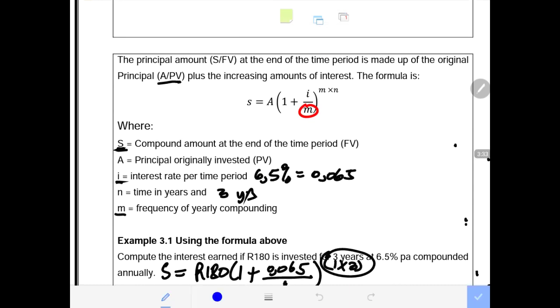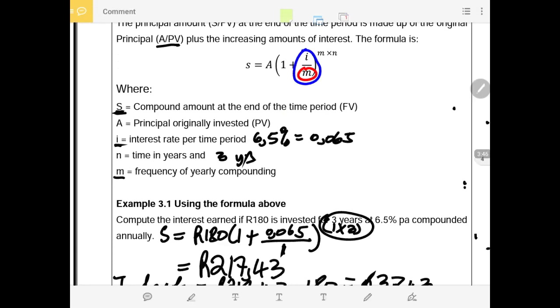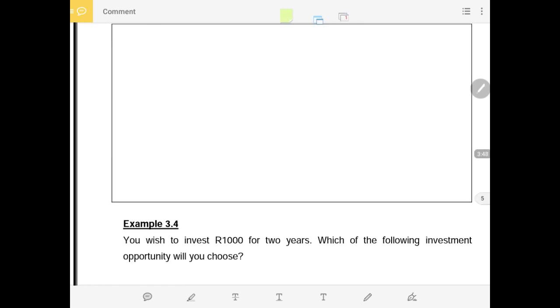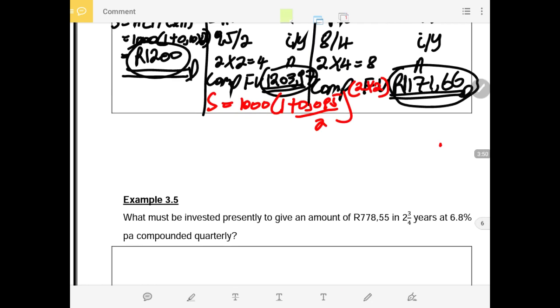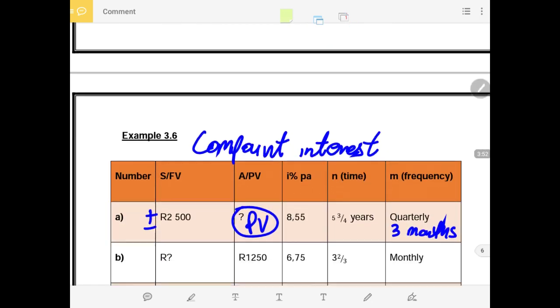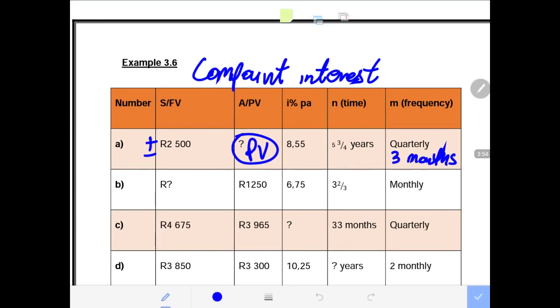If you remember that in our formula we said I must always be divided by M, and we said that M is the number of times the interest is compounded in a year, of which now in this case our interest is compounded quarterly. So that means when it comes to our I, and when we press in our calculator, we need to divide by the number of compounds in a year, of which there are 4 quarters in a year in this case.